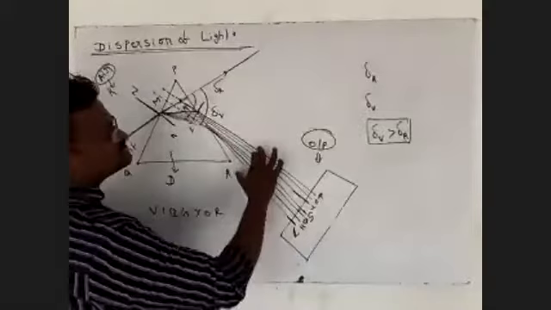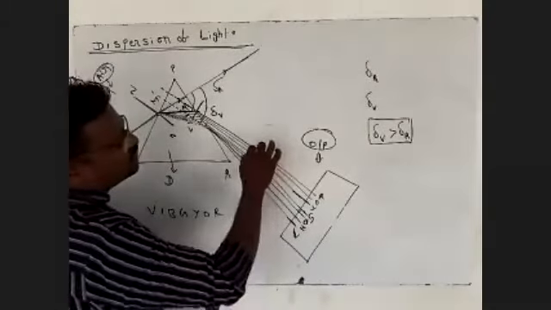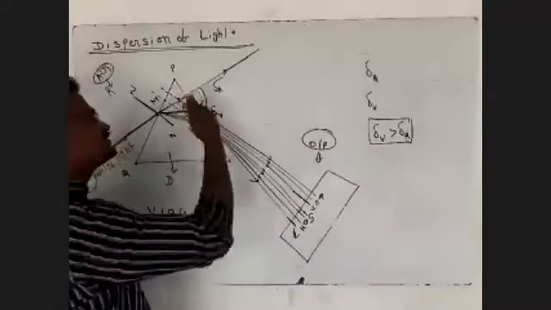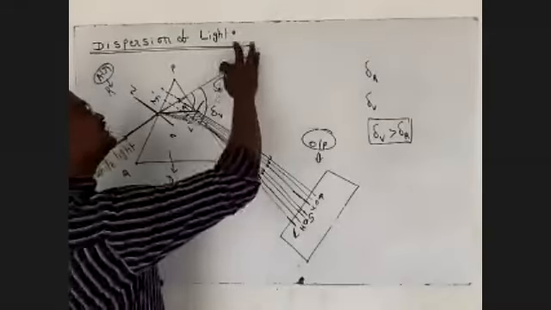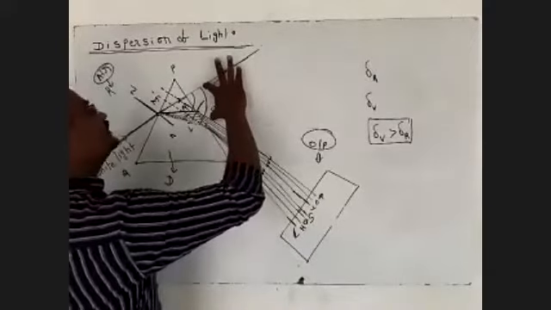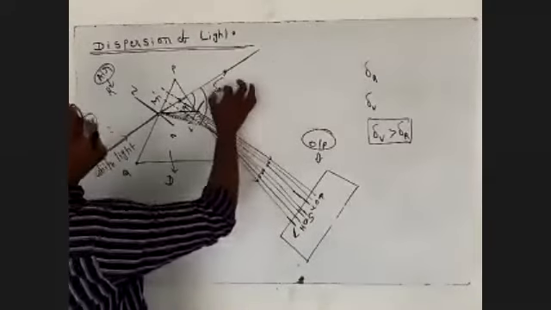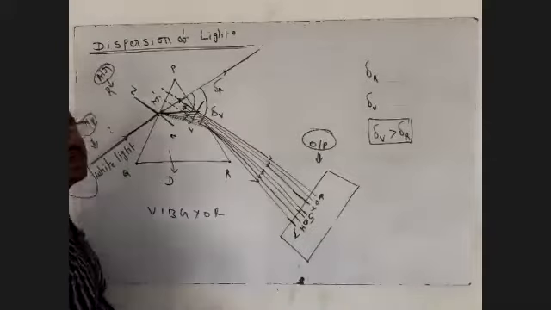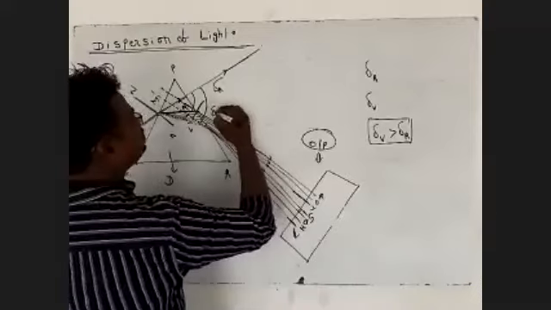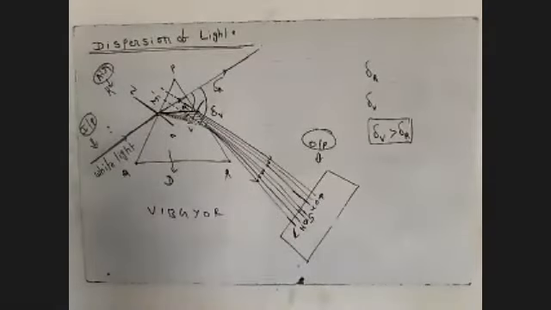One ray indicates an emergent ray. The angle between the incident ray and the emergent ray we are calling the angle of deviation.